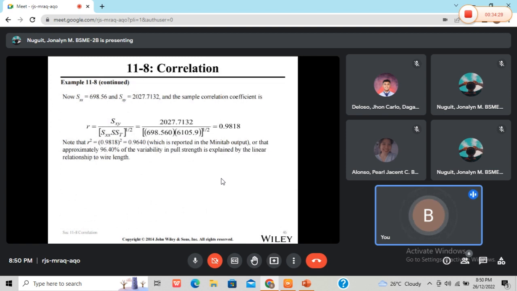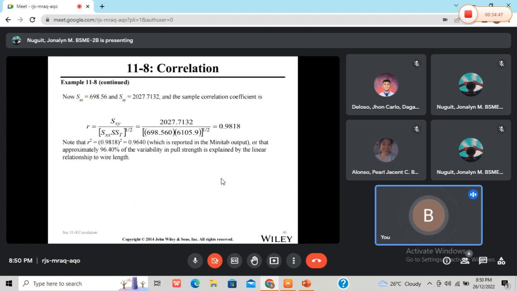So this is the continuation. Now our S_XX is equal to 698.56, and the S_XY is equal to 2227.7132.